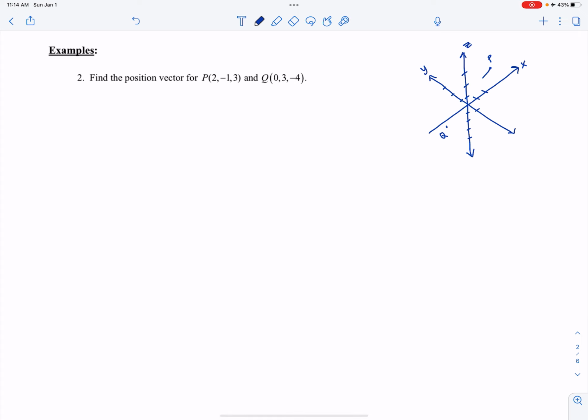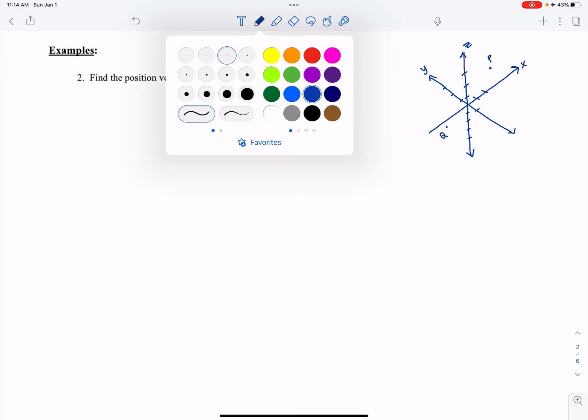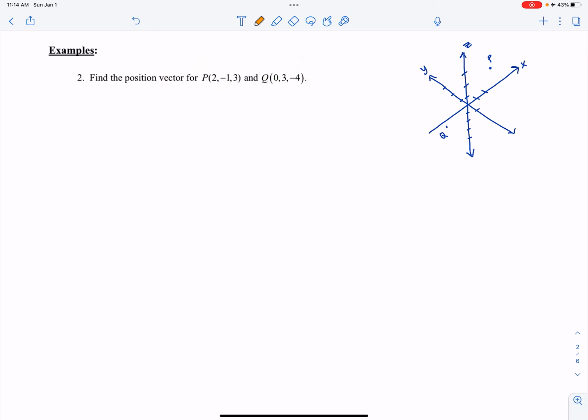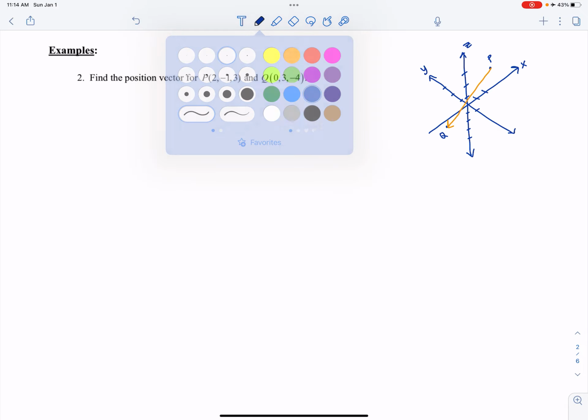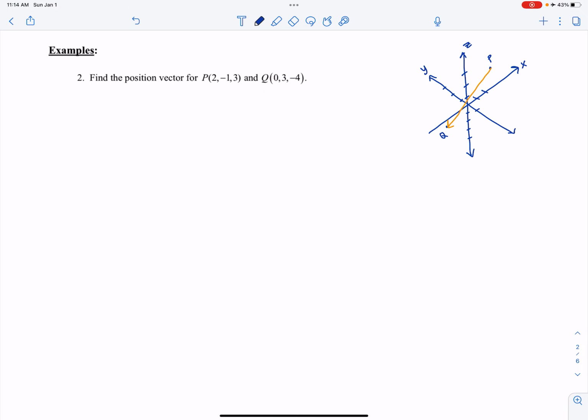And PQ. So we're looking at that vector. Let's highlight it. That's the vector we're working with, PQ. At least my estimate of it.